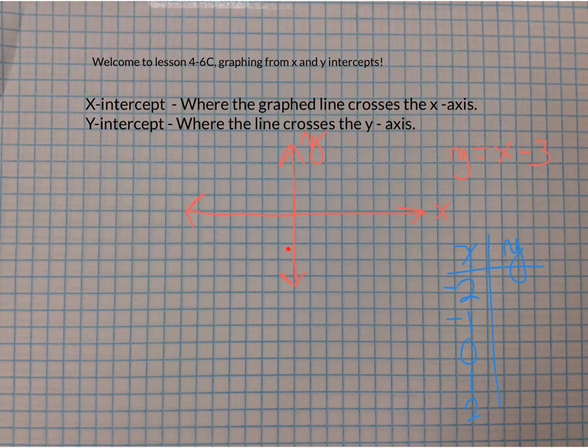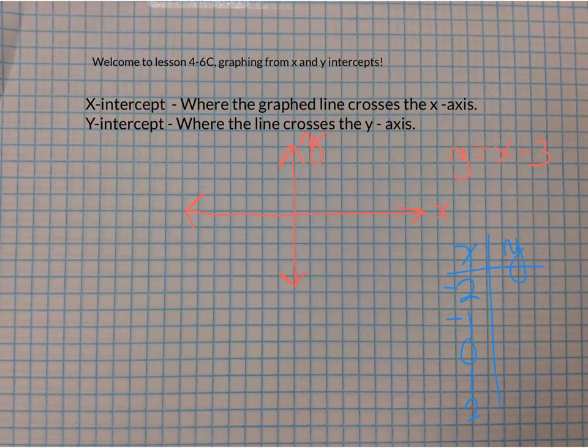Wherever the line crosses the y-axis will be the y-intercept. If you think about it, any point that lies along the y-axis will have an x-coordinate of 0. So if I wanted to figure out where this line was going to cross the y-axis, I could make x equal to 0 and then figure out from there what the y value is.